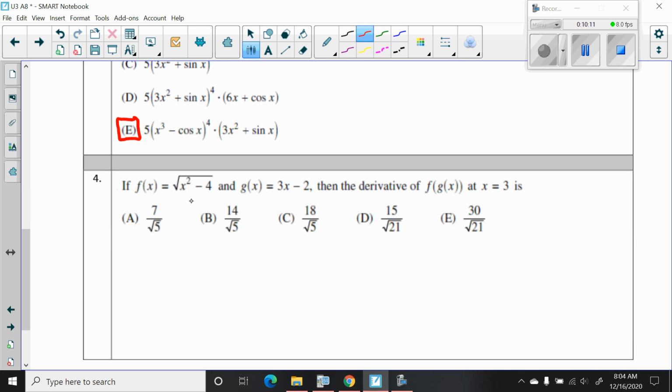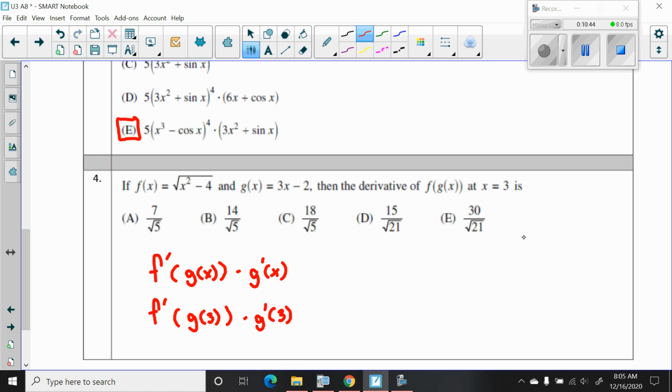f of x equals the square root of x squared minus 4. g of x equals 3x plus 2. Then the derivative of f of g of x at x equals 3 is, all right, well, according to the chain rule, the derivative would be f prime of g of x times g prime of x. And so if we were putting in values, then at x equals 3, this would be whatever f prime of g of 3 is times g prime of 3.